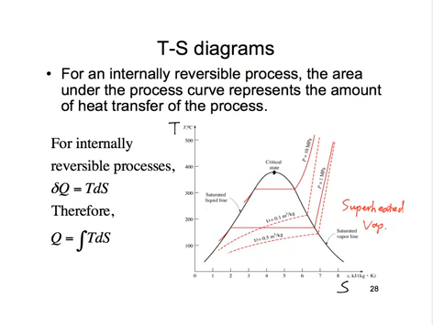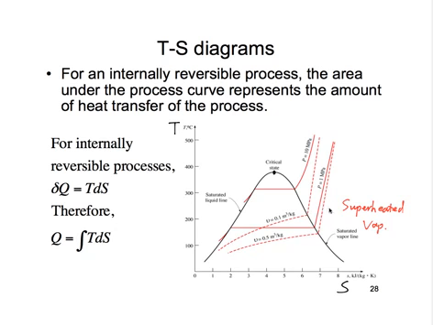Now we need to learn how to draw process lines on the TS diagram. It's very often that we draw an isentropic process on the TS diagram, and for an isentropic process, the process line should be a vertical line on the TS diagram.